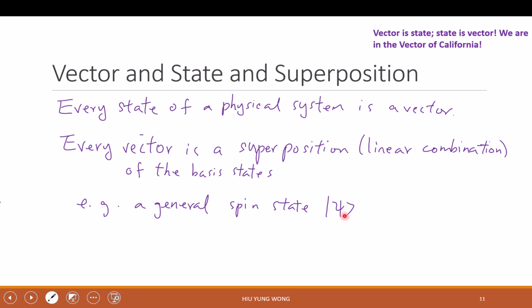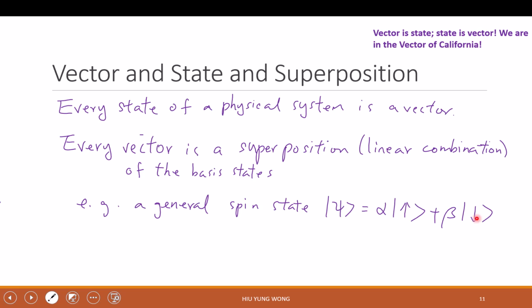Now you write in Greek. I don't want to write in Chinese or Japanese or English. It's my choice, right? I just know it's a general state. It's a linear combination of its basis states, but we know that the spin is given two basis states, spin up or spin down.